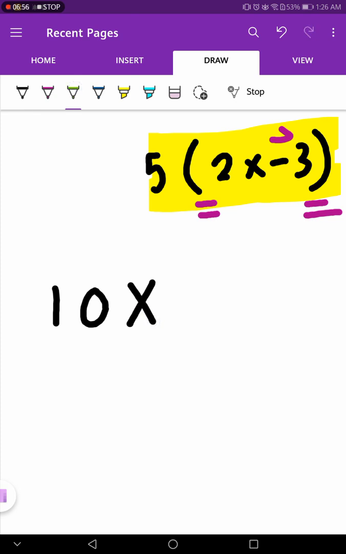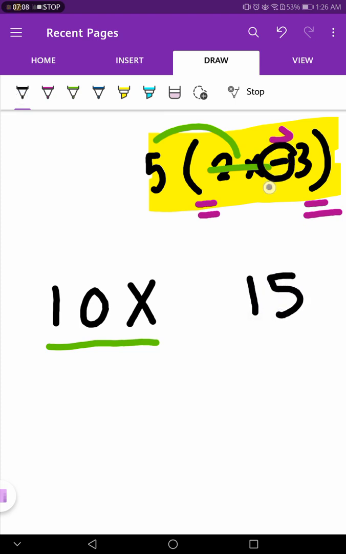I multiply the 5 by the 2x, I get 10x as you see. Then I multiply the 5 by 3, which equals, yes, 15. And don't miss the minus, bring it down. Okay, so this side will be 10x minus 15.